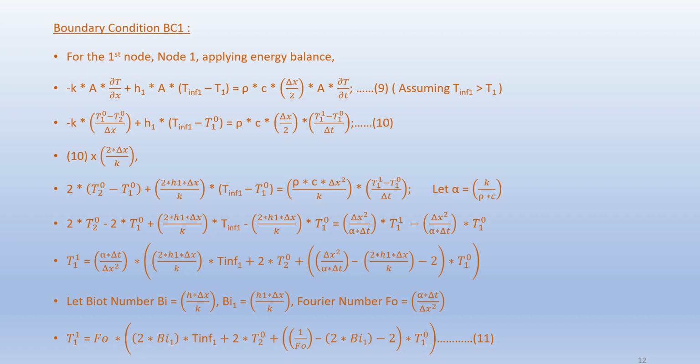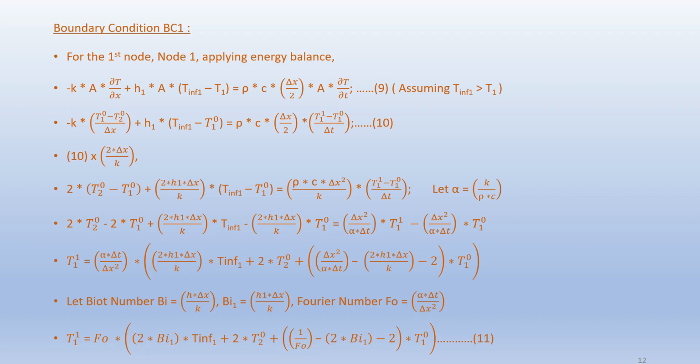And following the same procedure, we get T1^1 equals F4 times 2 times Bi1 times T infinity 1 plus 2 times T2^0 plus 1 over F4 minus 2 times Bi1 minus 2 times T1^0.